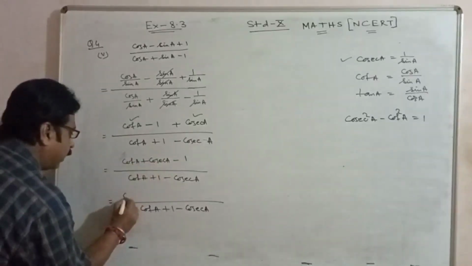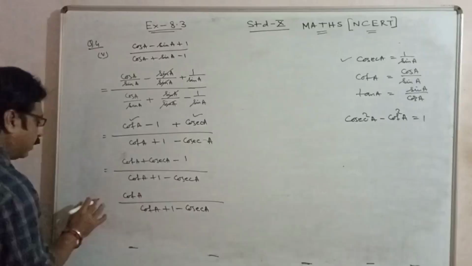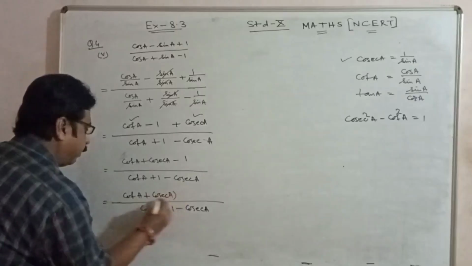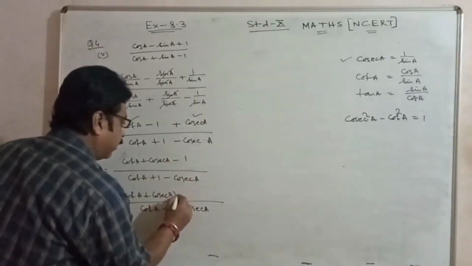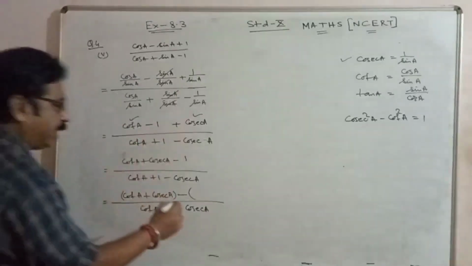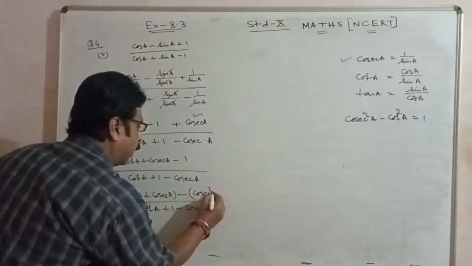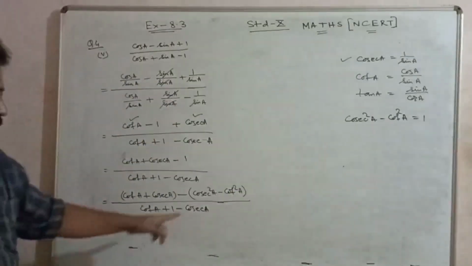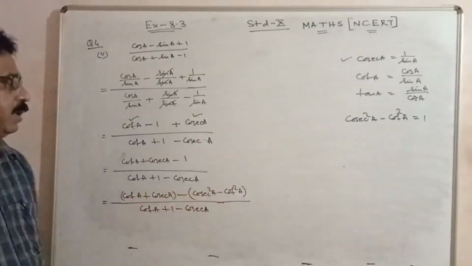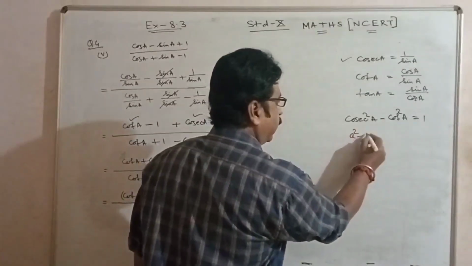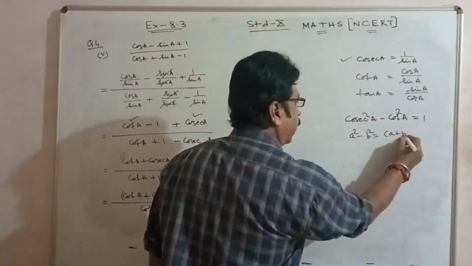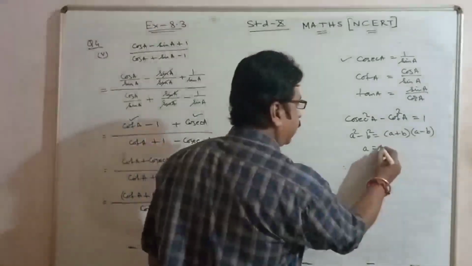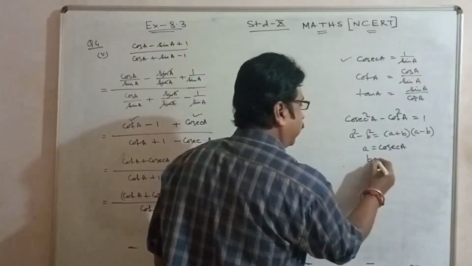Here cot A plus cosec A, and in place of minus 1 we will write cosec square A minus cot square A. A square minus B square, that identity, means A plus B into A minus B. Here A is cosec A and B is cot A.